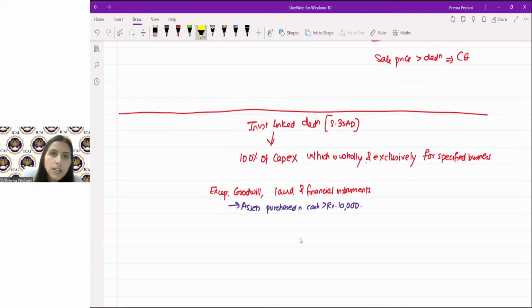That is also not allowed as a deduction. Clear?